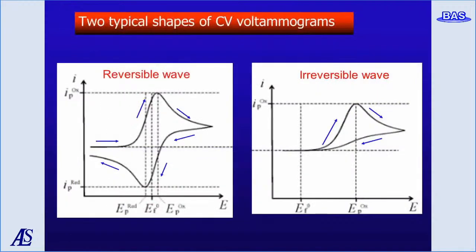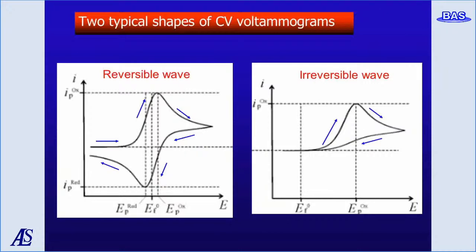Here are two typical shaped cyclic voltammograms. On the left-hand side, anode peaks and cathode peaks are observed at both forward and reverse scans, which is called a reversible wave. On the right-hand side of the CV curves, an anode peak is observed at the forward scan, but in the reverse scan, no cathode peak is observed.